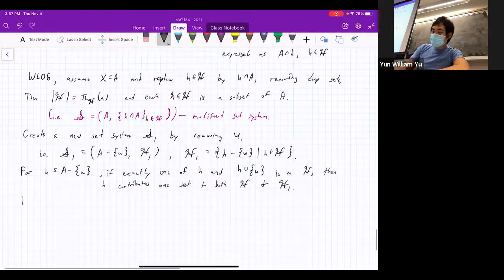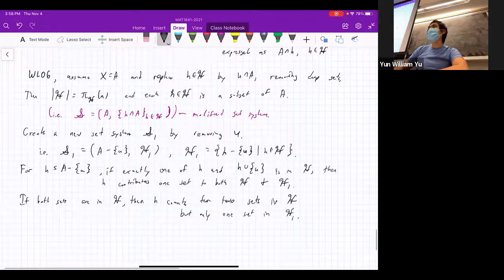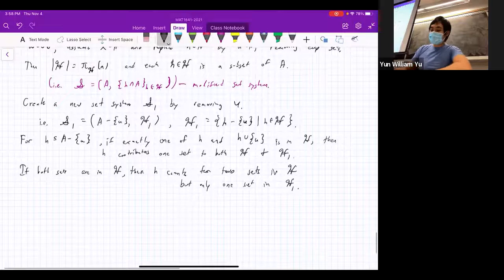However, if both sets are in H, then h counts for two sets in H, but only one set in H1. So we're just doing a counting argument here.